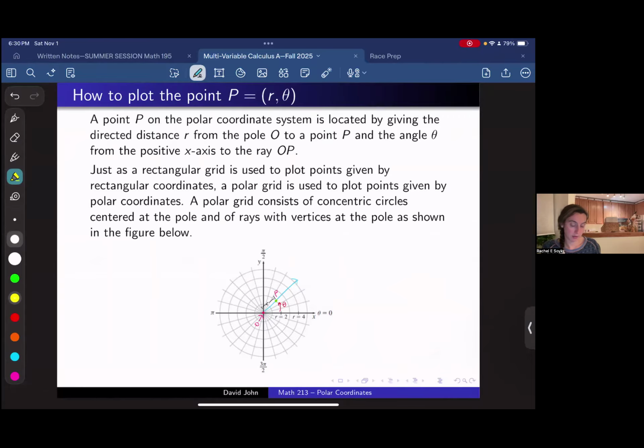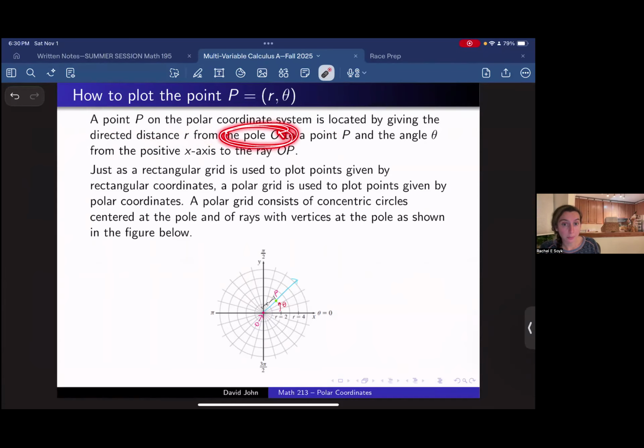All right. So we have a point P on the polar coordinate system is located by giving the directed distance r, aka our radius, from our origin, aka our pole O, to a point P on our polar coordinate plane, and the angle theta from the positive x-axis, also known as our polar axis, to the ray OP.